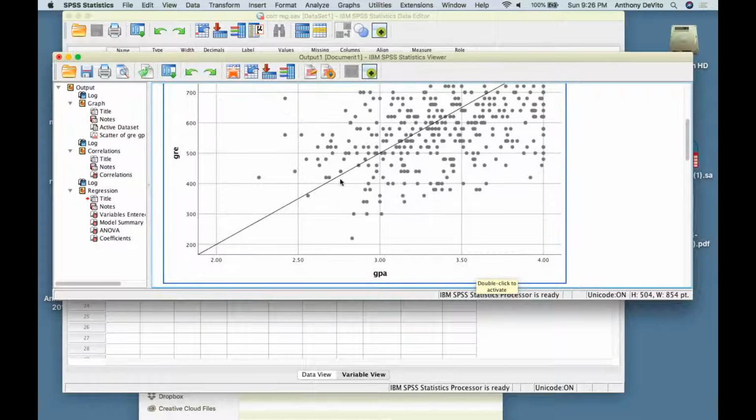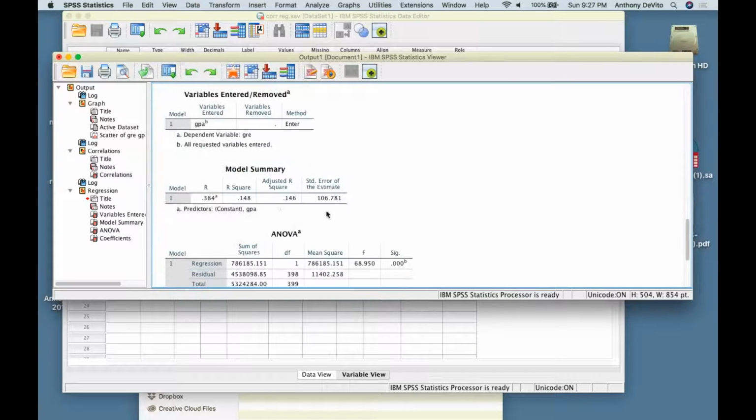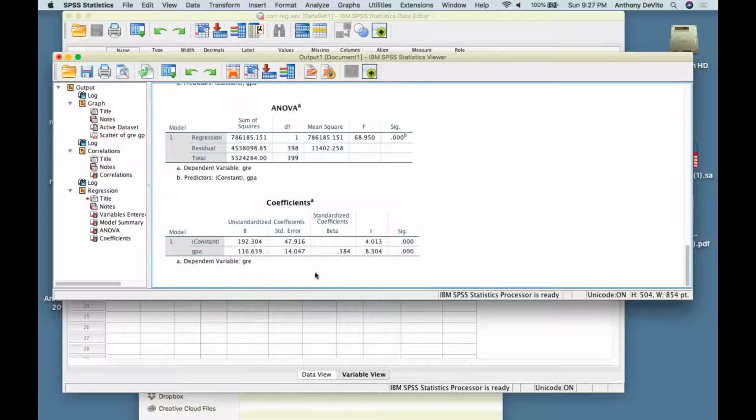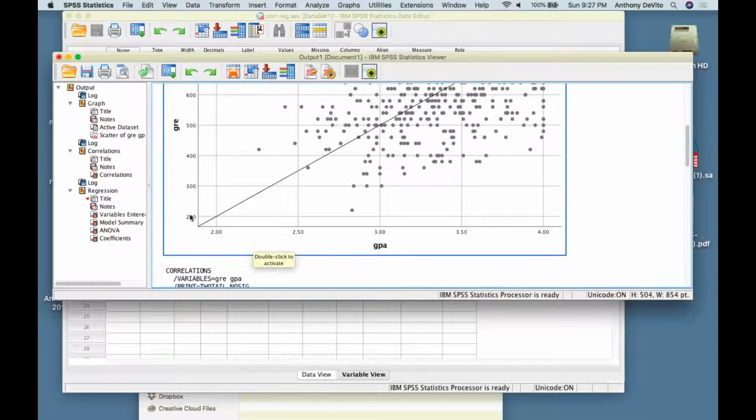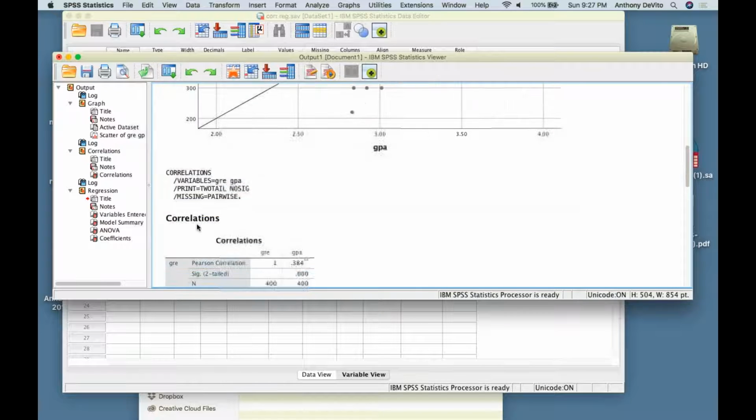So in other words, the formula of this straight line is y, the GRE score, is equal to 116.639, about 117, times the person's grade point average plus 192, which is the y-intercept. Notice the line crosses the y-axis at a value of 192 as it happens here.